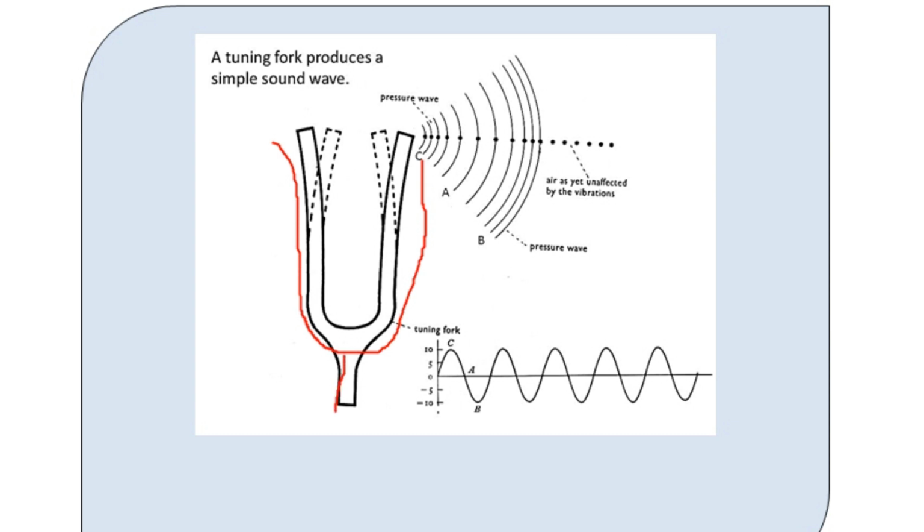Upon hitting that tuning fork, we have a generation of a pressure wave into the surroundings. This is shown here, the pressure wave, and graphically we can represent the wave like this.